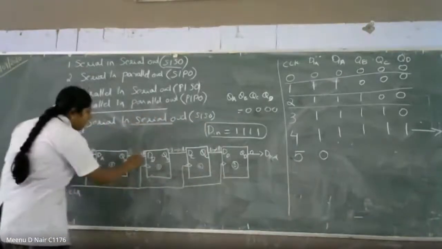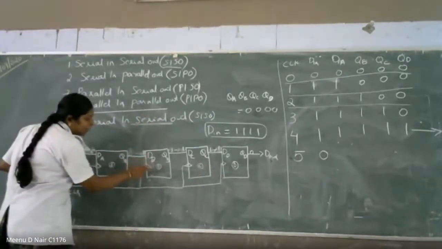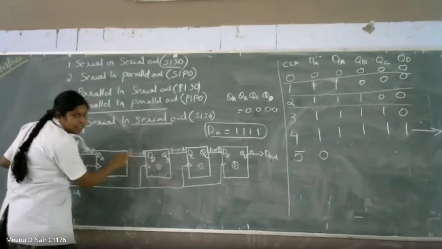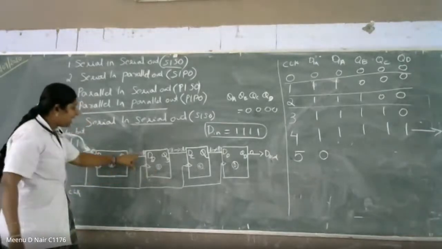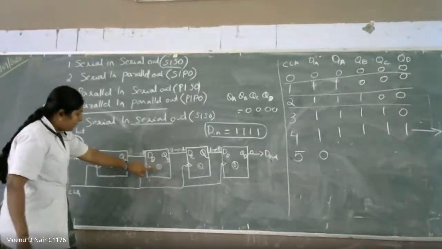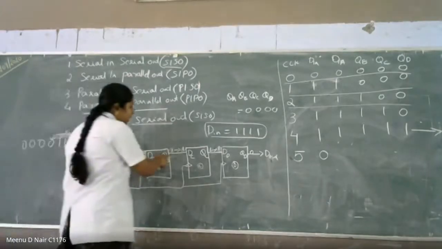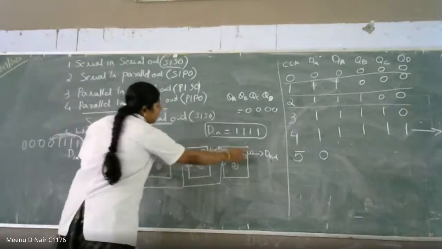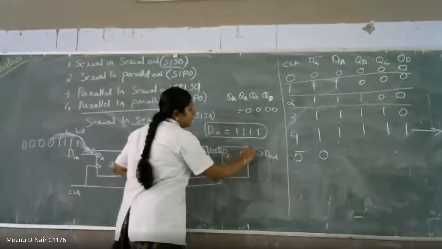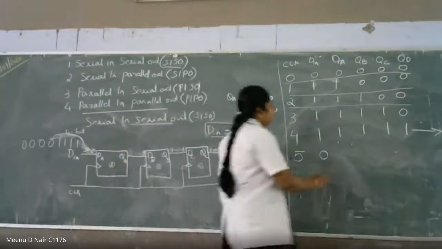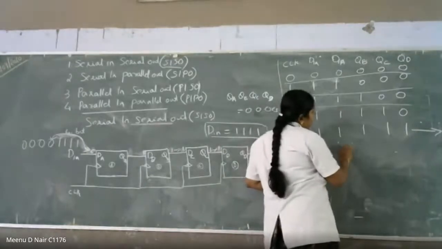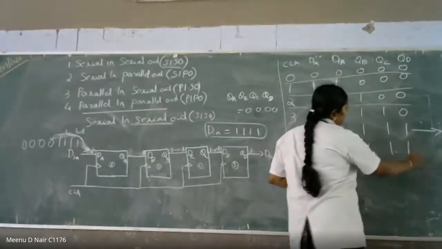But the 1 was here at the input of B, because that was your first QA. It was there at flip flop B. The input of B flip flop is 1, right? So what is the output here? This is 1, this is 1, and here also this is 1. So the answer is 0, 1, 1, 1.